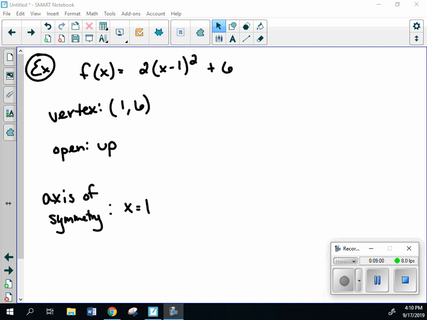If you're using standard form, you're going to have to convert it into vertex form, where we are completing the square, which we've talked about before. You could also do some factoring. There's multiple ways that you could go about it, but for right now, let's just work on the generalization of standard form versus vertex form, and also looking at that average rate of change.